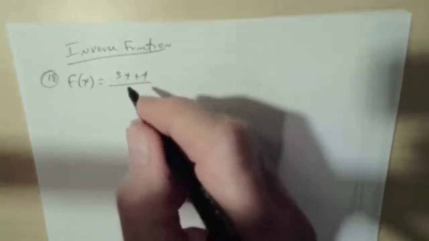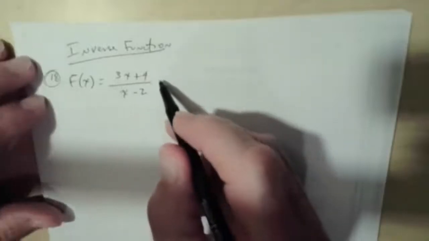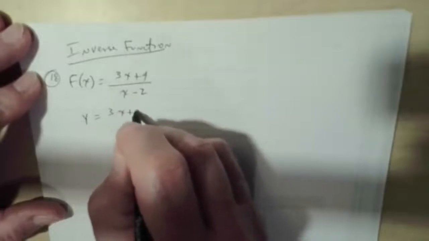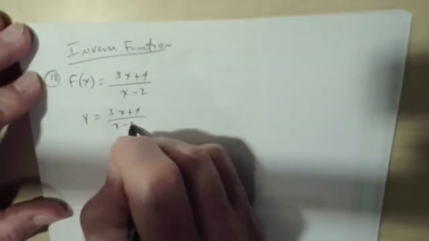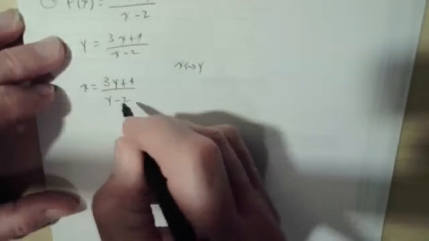We rewrite this as y equals 3x plus 4 over x minus 2. Now we exchange the x's and the y's, so wherever we have a y, we put x. So x equals 3y plus 4 over y minus 2. Now we're going to solve this for y.